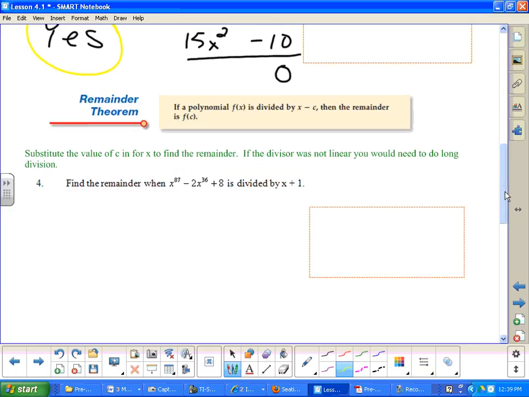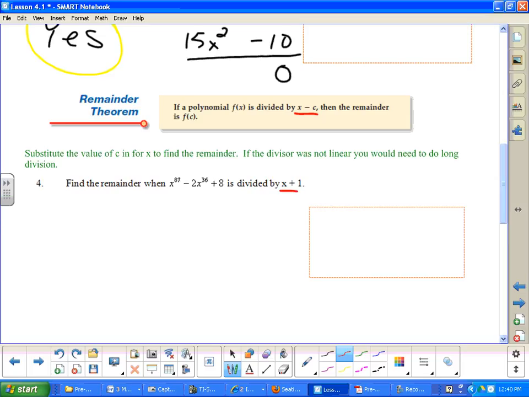Right. The remainder theorem. If a polynomial f of x is divided by x minus c, then the remainder is f of c. In other words, whatever makes this equal to 0, which would be positive c, if I put it in for x, whatever number I get is my remainder.